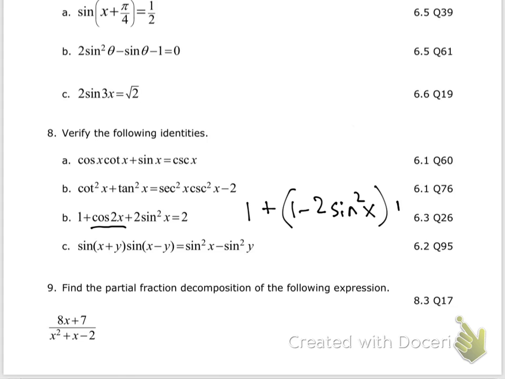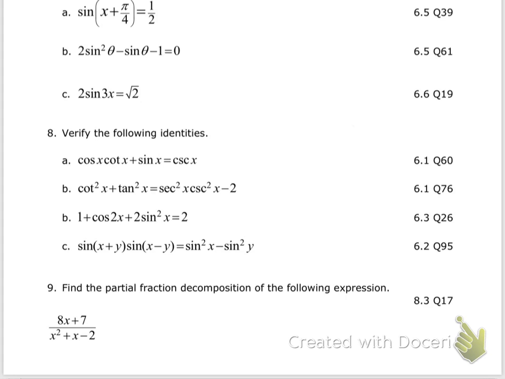Okay, that's that bit. I've still got the 2 sine squared x. All right, that's that there. Because those will cancel, -2 sine squared x, positive, what's 1 plus 1? It is 2.